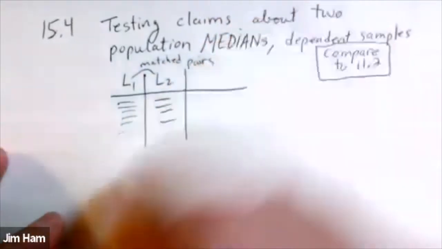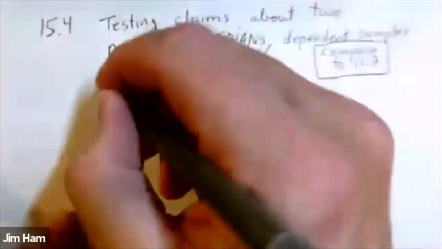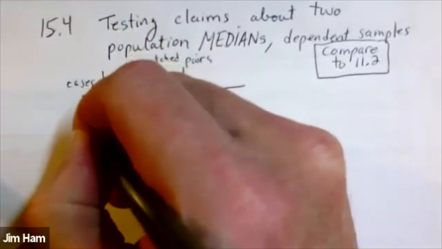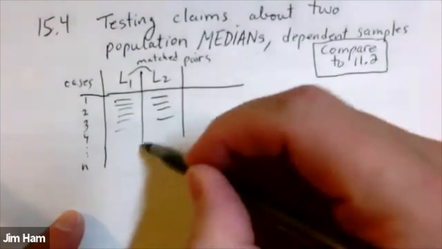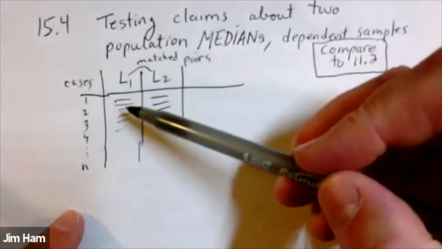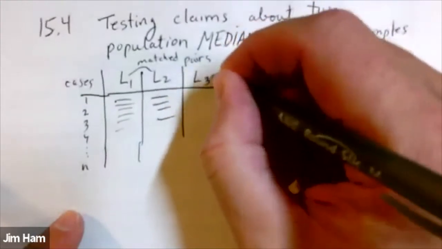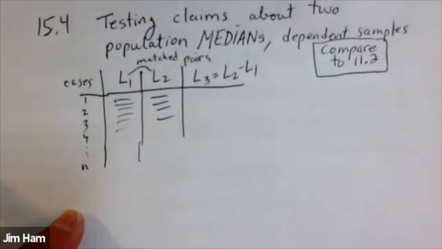It could be a pre and post test. It could be weight before and weight after, and in the middle there's an exercise program or a diet program. But we're going to have the number of cases here, 1, 2, 3, 4, down to our sample size, n, and then we put the numerical data, the pre-values in L1, the post-values in L2, and then in L3 we calculate the differences. You can do L2 minus L1 or L1 minus L2.